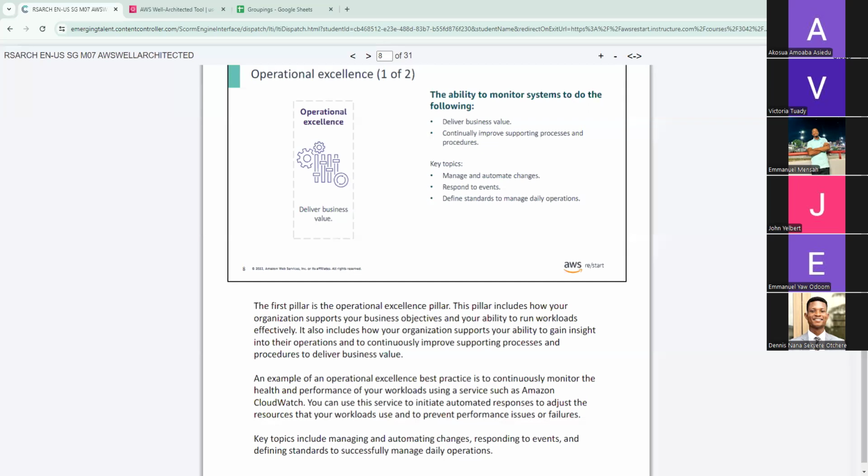Okay. So what I was saying is that every business runs an operation. Whatever the business is, there is an operation that goes on. The operations are meant to deliver business value, and the operations should use continuous improvement.